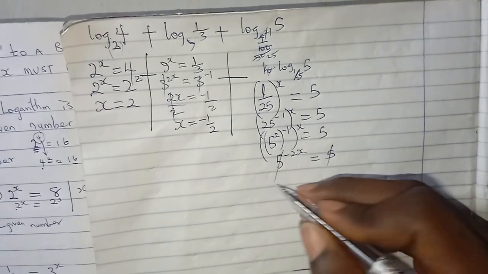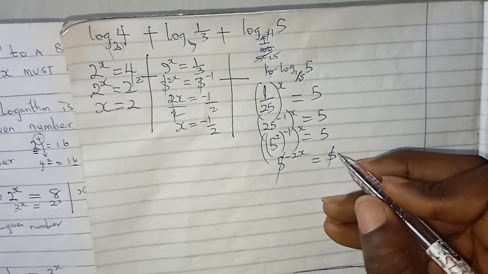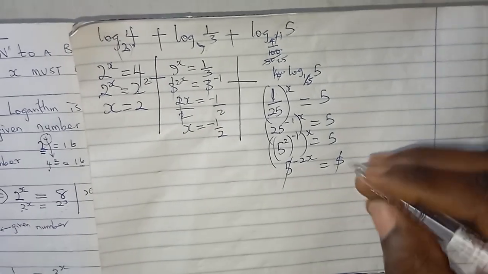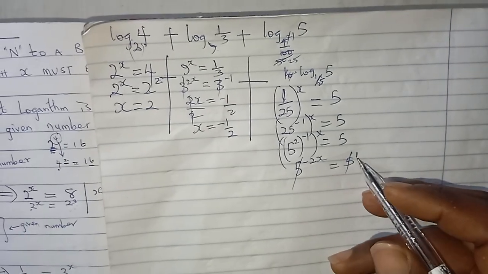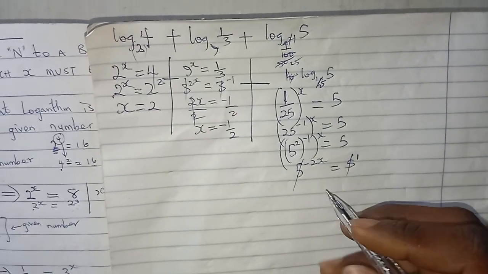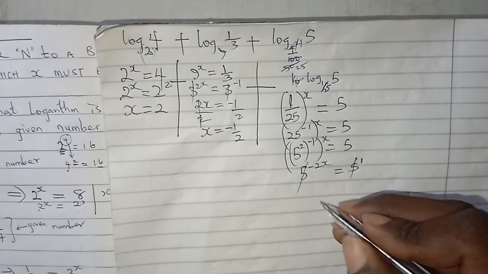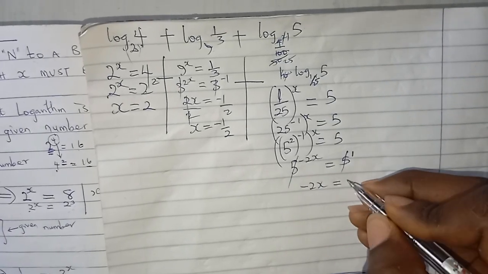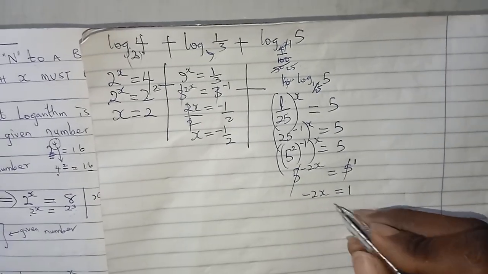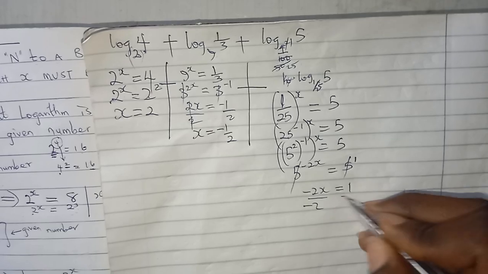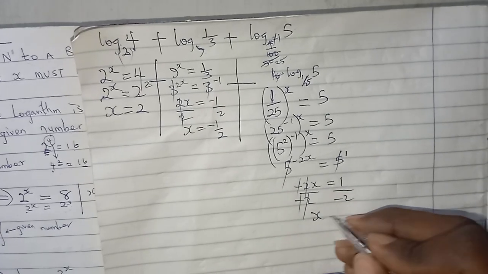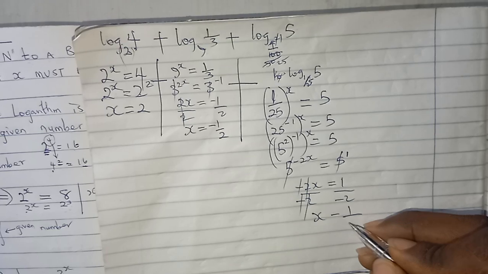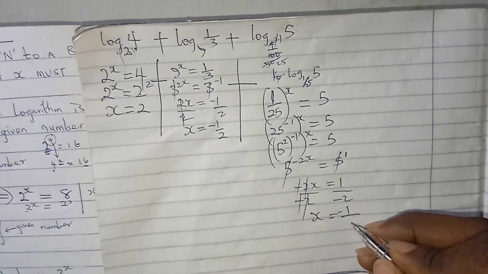Since the bases are the same, and notice that this thing standing on its own is raised to the power 1. So bases the same, I have minus 2x equals 1. So divide both sides by minus 2. So x equals minus 1 over 2.